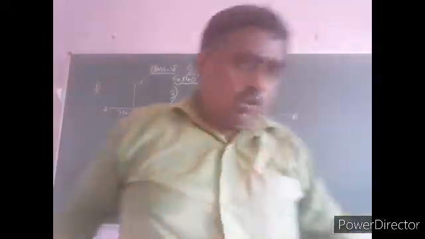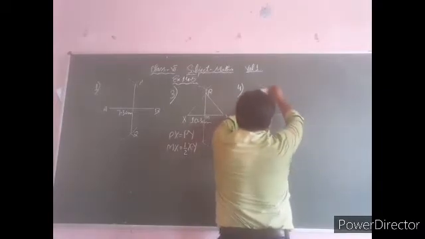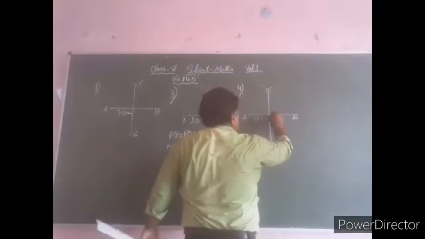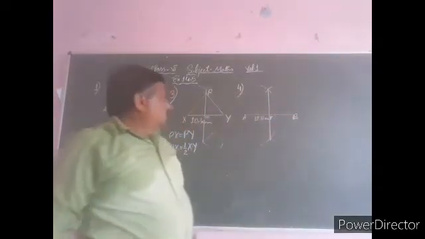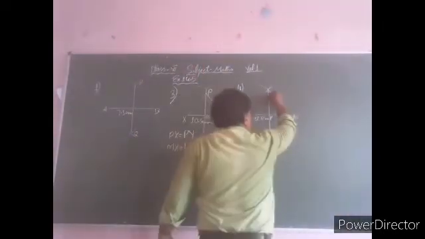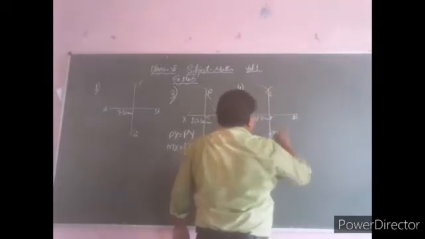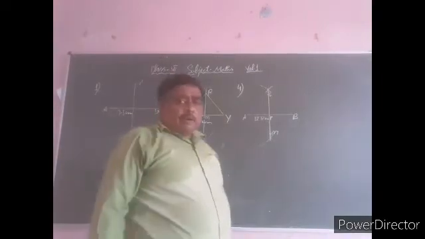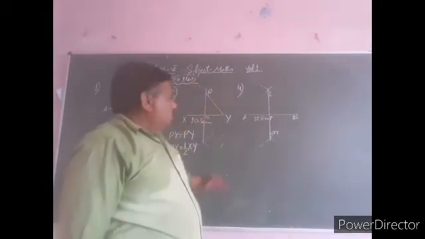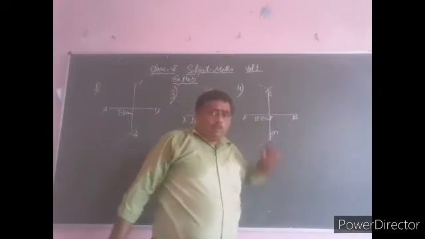So join them. Let it be P. Now let the points here be L, M. LM is the perpendicular bisector of AB.